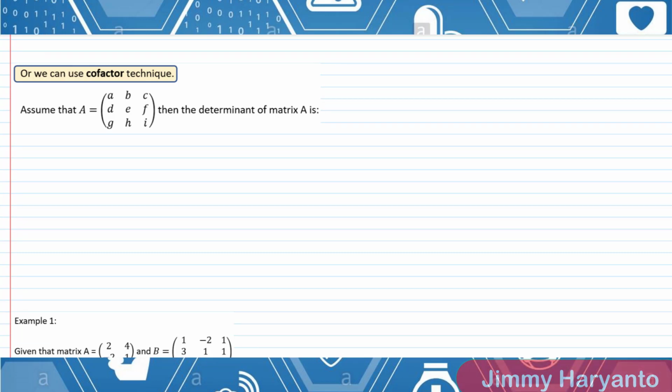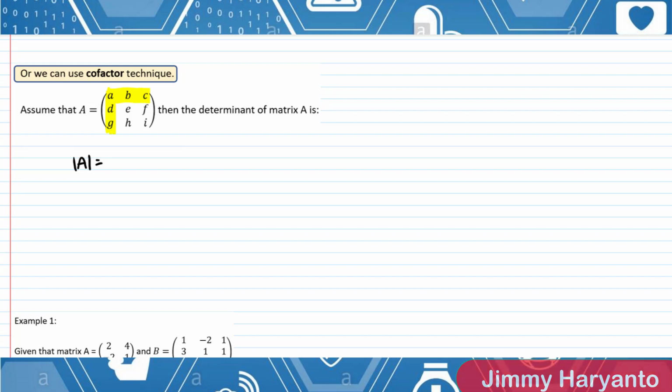So to find the determinant of a 3 times 3 matrix, you only have to use the cofactor technique like this. First, you have to start with A. You have to choose one of the elements. Usually it starts with A, the top left. When you choose the top left, you will highlight the row of the element that you choose and also the column of the element that you choose.